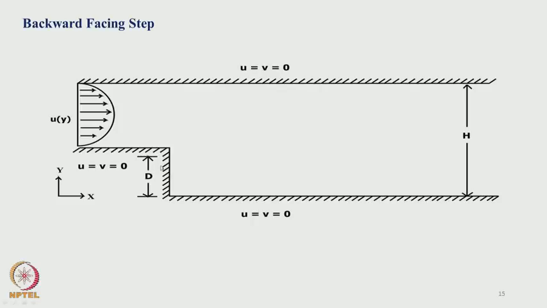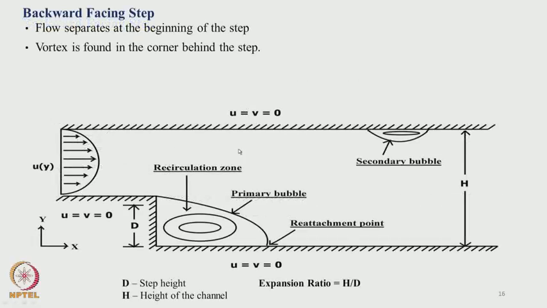The step has a height given by d and the original channel width has a height h. Because there is a wall on the top and walls everywhere, you specify the boundary condition u equal to v equal to 0. If you look at the flow pattern, the flow separates at this corner and then comes and reattaches. There is a recirculation zone and a reattachment point.